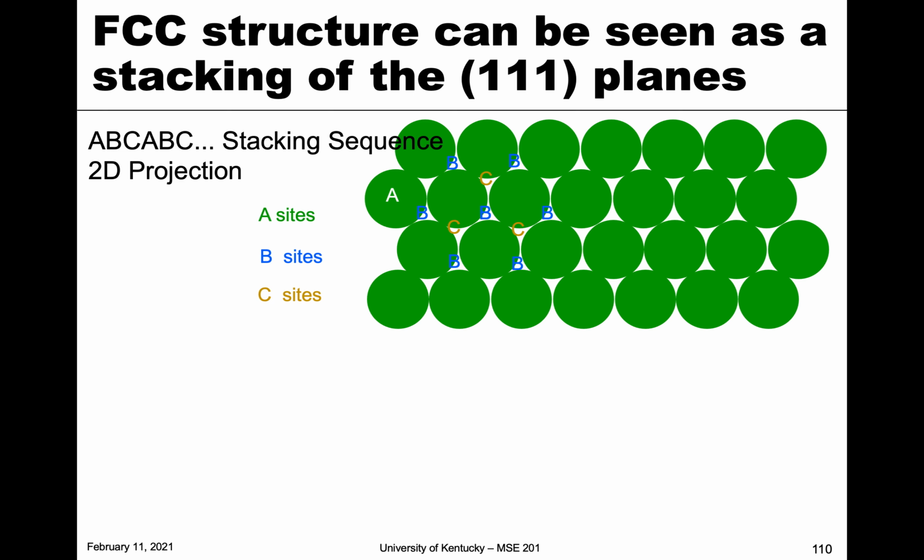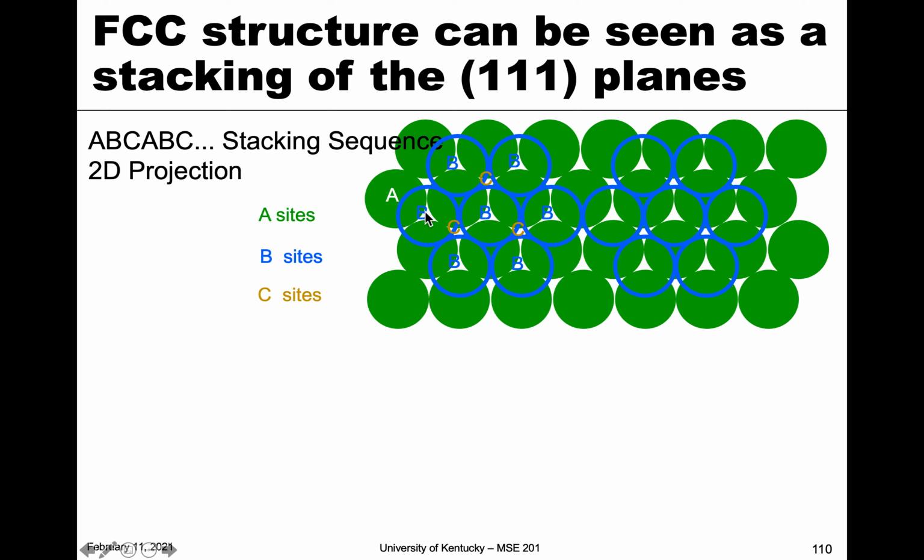So then what we're going to do is look at the next plane on top, and we're going to draw them in with open circles. So this is the next plane. And this is, again, a close packed plane. It's a 111 type. It belongs to that family. And what we see is that the center of that atom is situated over an empty spot, right?